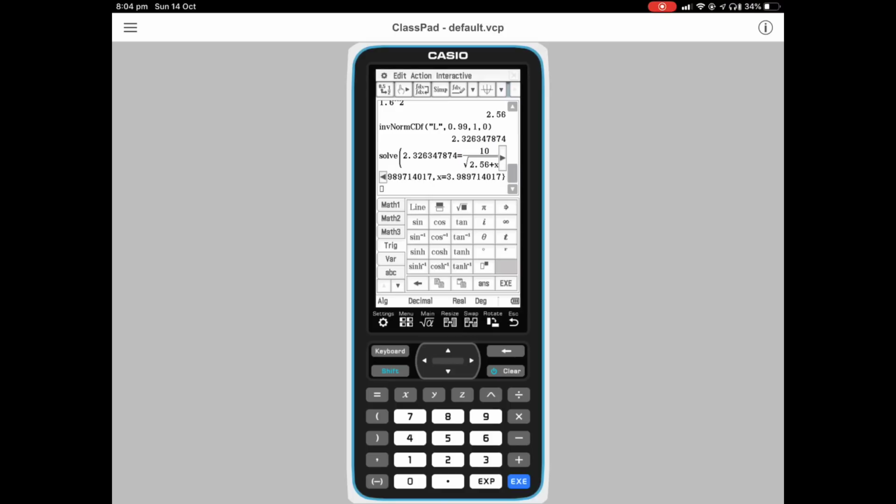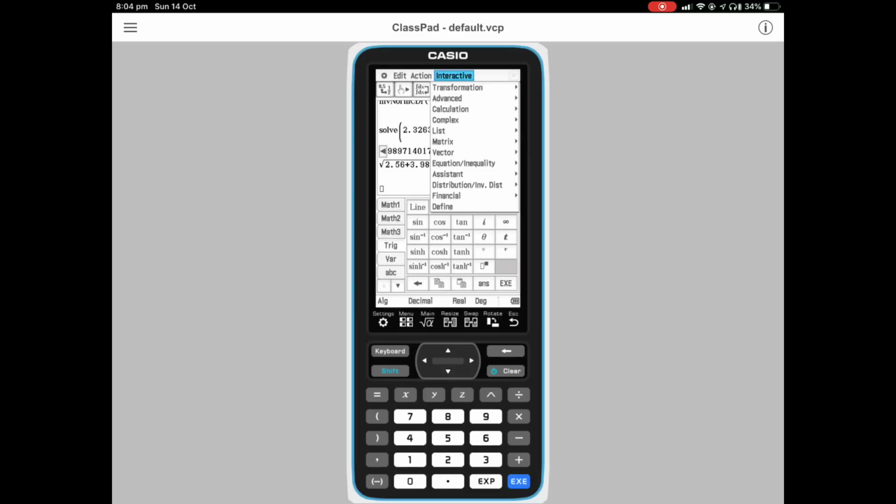So the square root of 2.56 plus that squared. Okay, that's my standard deviation.